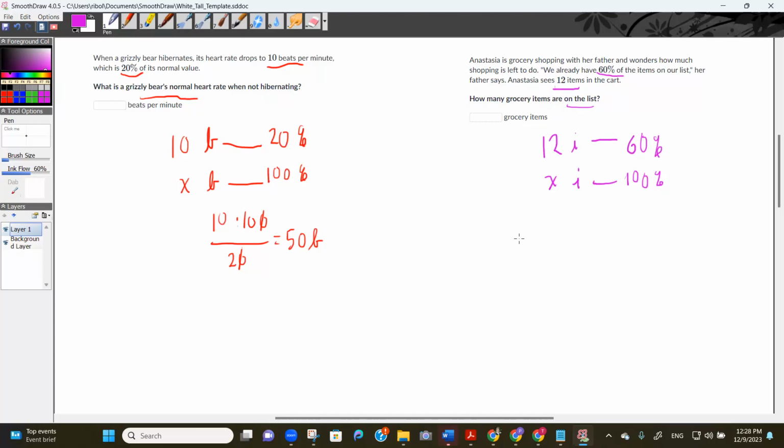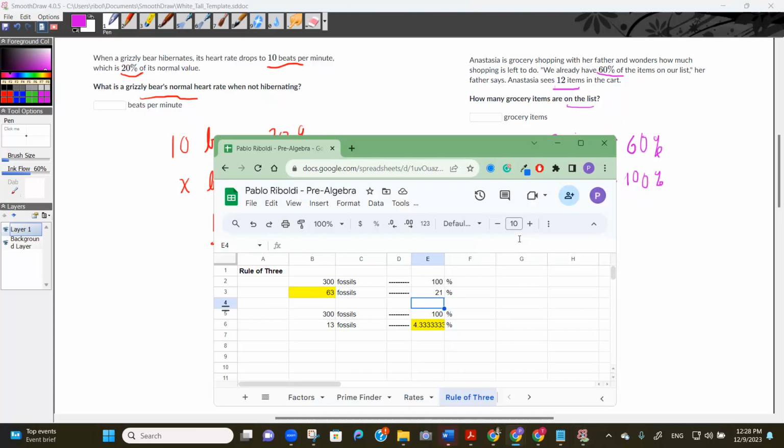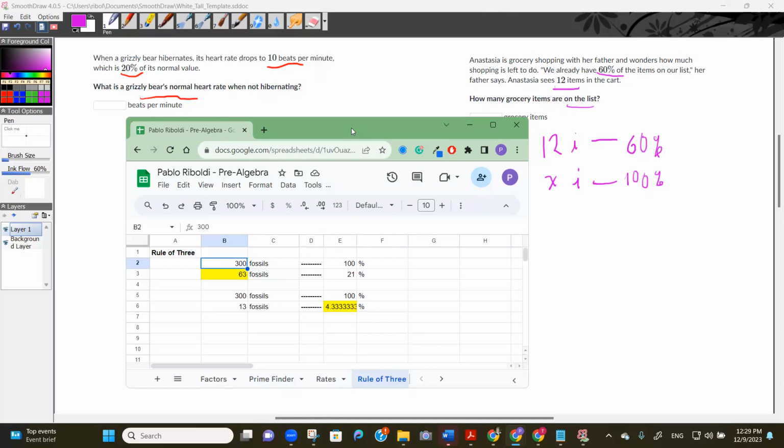If we do the spreadsheet for these problems, let's take a look at how the spreadsheet would work in this case. In this case, we actually have to switch things around a little bit, okay? So let's do the problem of the items on the list.